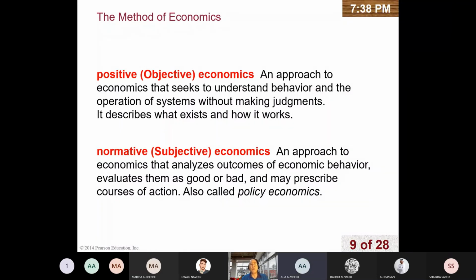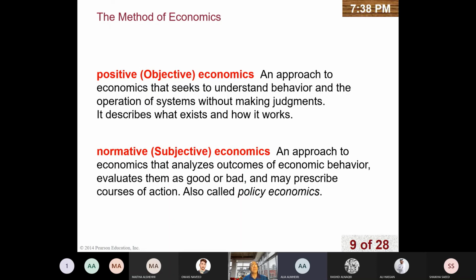Positive or objective economics is an approach to economics that seeks to understand behavior and the operation of systems without making judgments. It describes what exists and how it works.